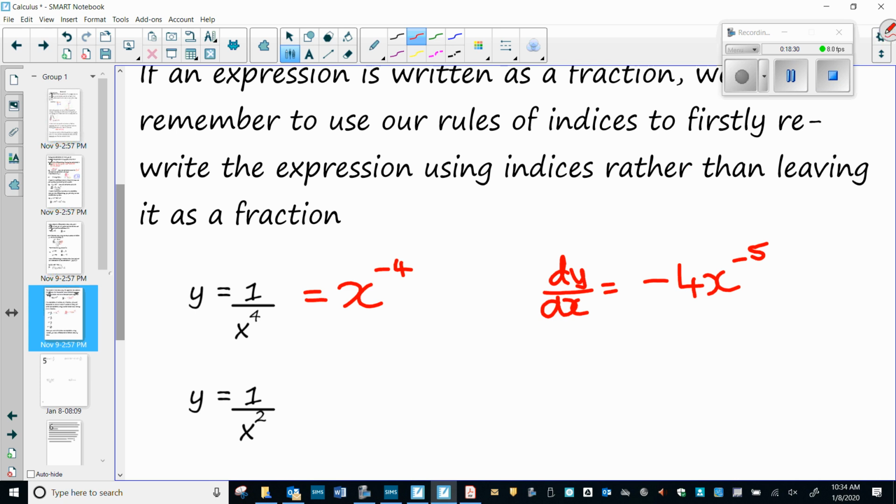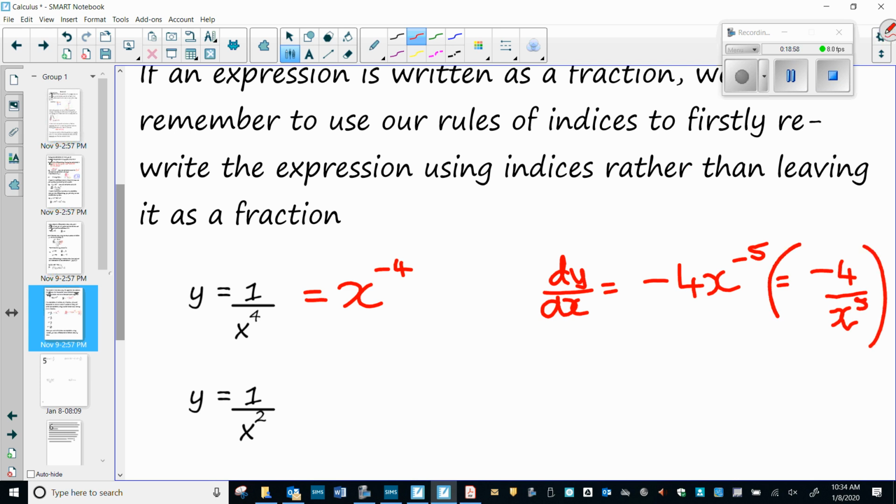They should not expect you to go back to the original format. It used to be a situation in the past that they often would, but they shouldn't be requiring you to go back to the original form. But if they did, remember it's just the x that is to the power of -5. So if I were to rewrite this, this would be -4 over x to the power 5.